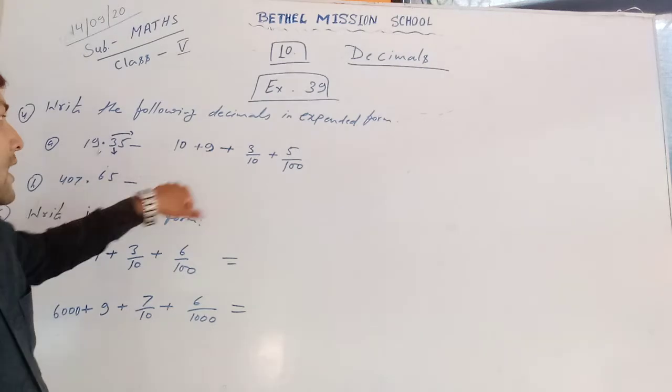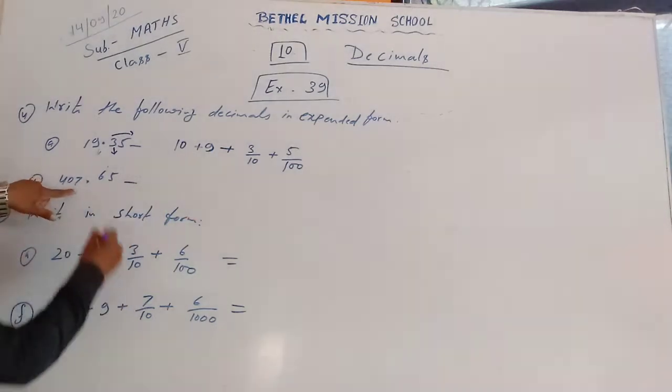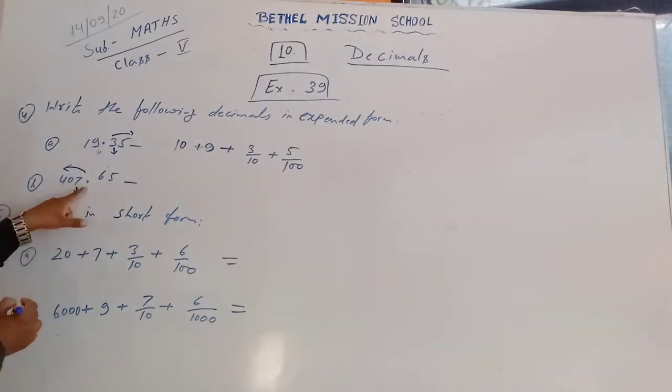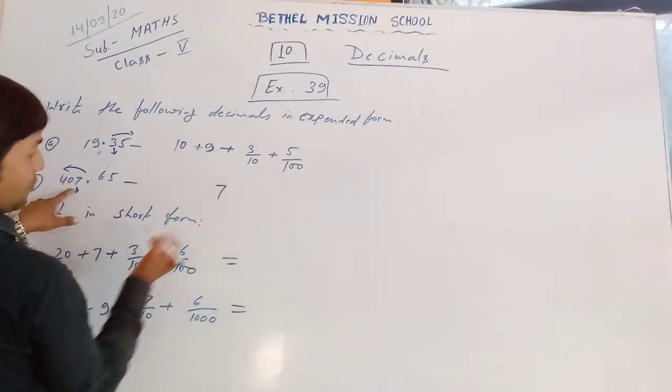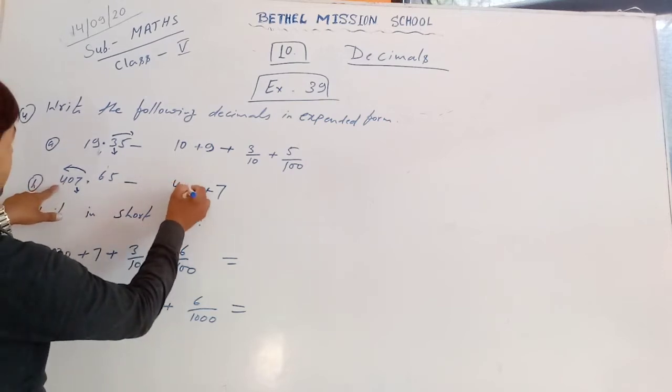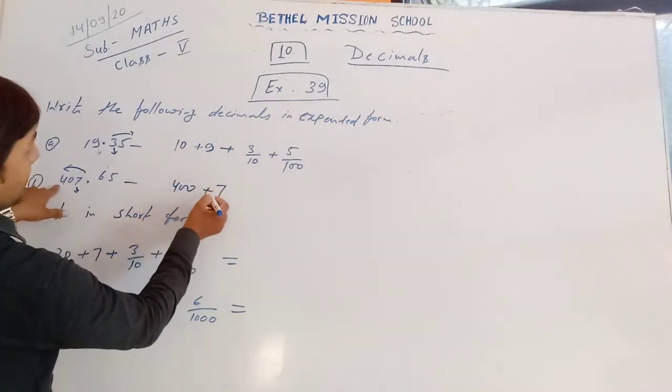This is the expanded form. Same, you will start from the decimal. First 7 is ones, then 0 tens and 4 hundreds, so 400 plus 7.